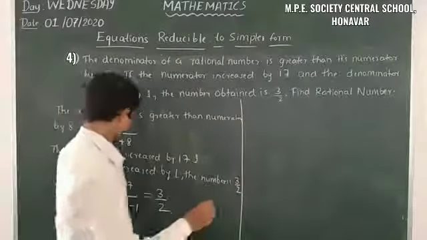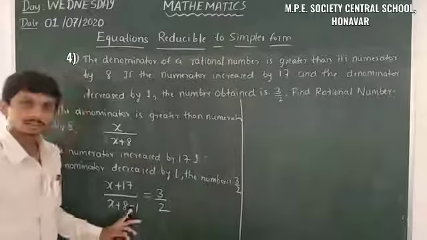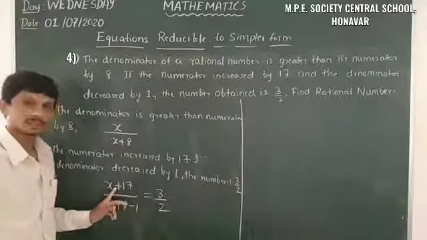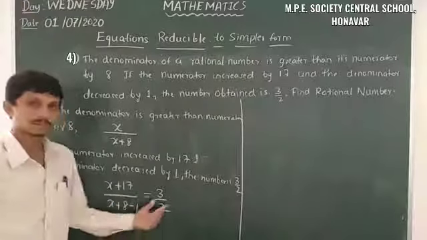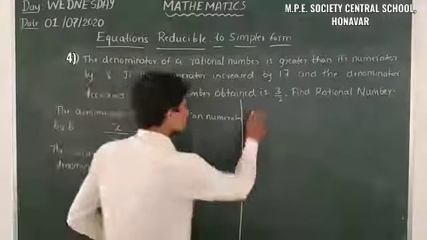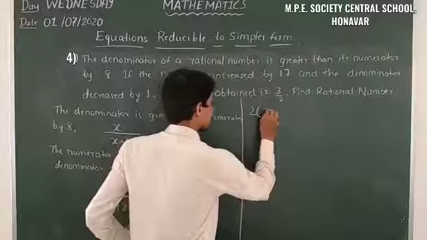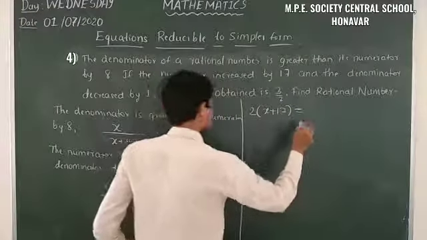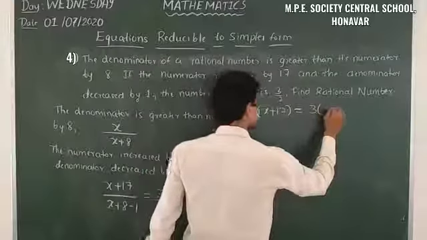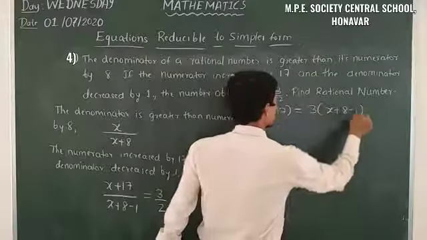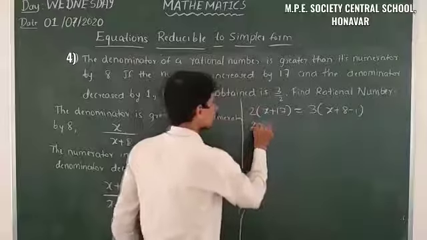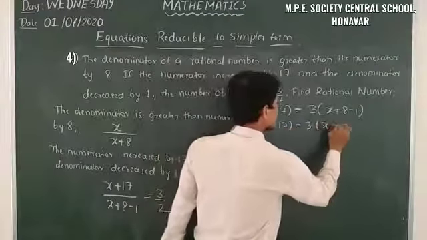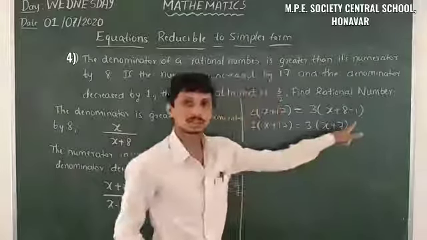So firstly I will cross multiply this. After cross multiplying, 2 is multiplied with this quantity and 3 with the other. That is 2 into x plus 17 is equal to 3 into x plus 8 minus 1. So 2 into x plus 17 is equal to 3 into x plus 7, because 8 minus 1 is 7.